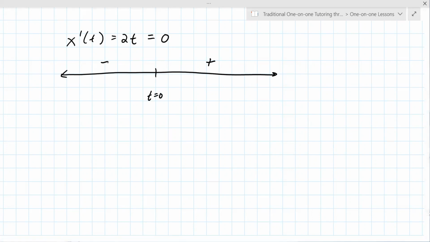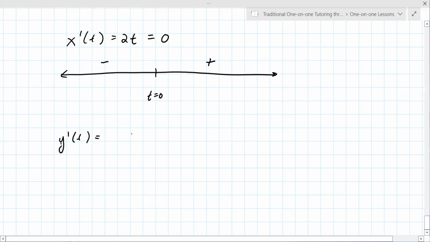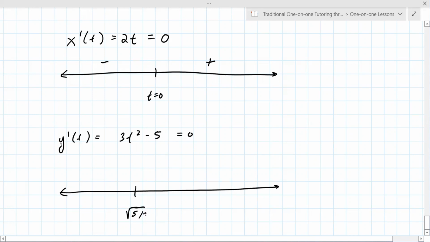Okay, and so we do the same thing for y prime of t. y prime of t is 3t squared minus 5, set that equal to 0. There's actually 2 critical points this time: negative square root of 5/3 and positive square root of 5/3.